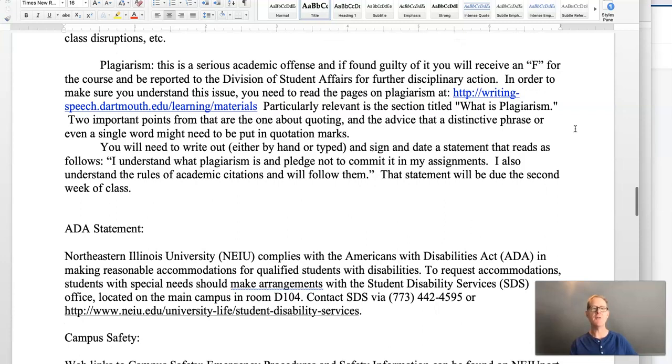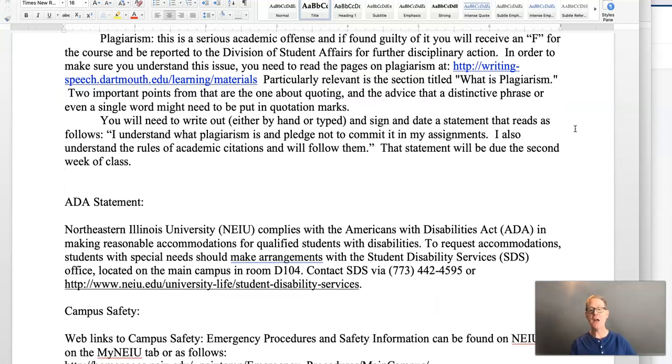That's actually one of your first assignments. After you read it and understand it, you need to write out a statement saying I understand what plagiarism is and pledge not to commit it in my assignments, etc. And then submit it to me. That's the contract you're making with me, that you understand what plagiarism is and you will not commit it in your assignments.